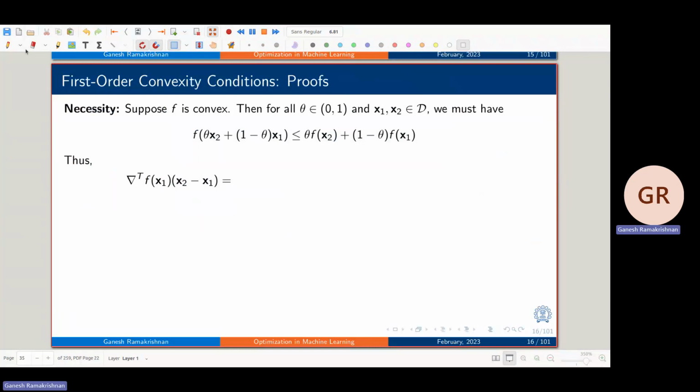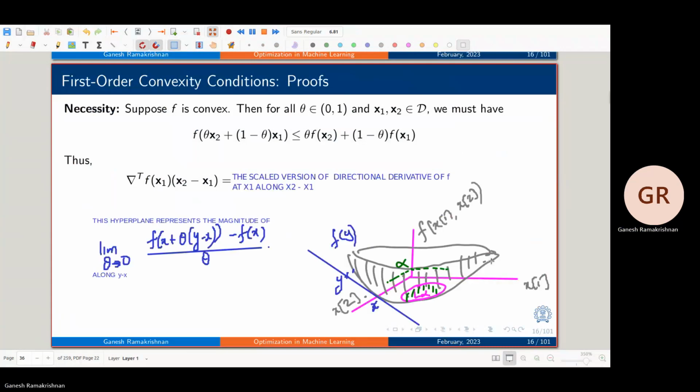It's a scaled version of the directional derivative, obviously not the directional derivative itself.